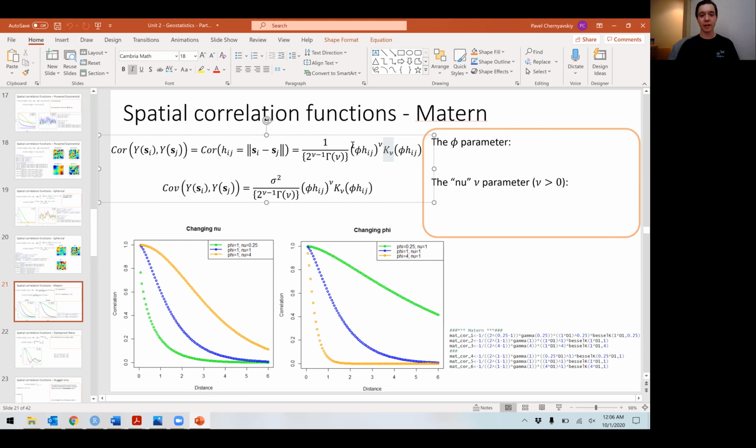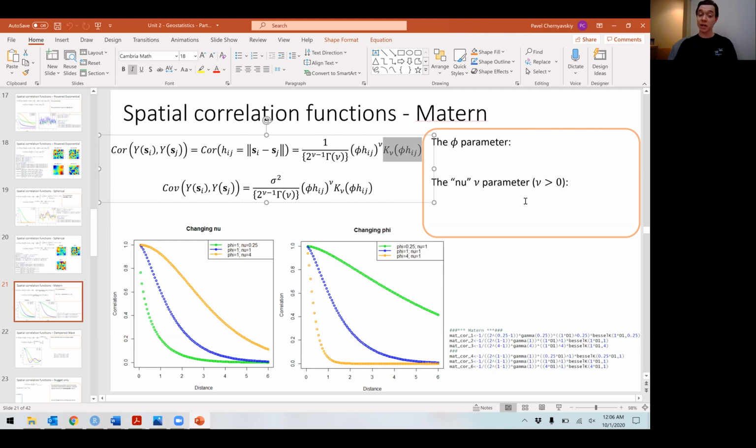To be clear, we take phi times the distance, and then we basically evaluate the Bessel function. I think it's a Bessel function of order nu of the second kind, if my memory serves. And I don't remember what the mathematical formula for it is. So this geostatsp package only works with a Matérn.